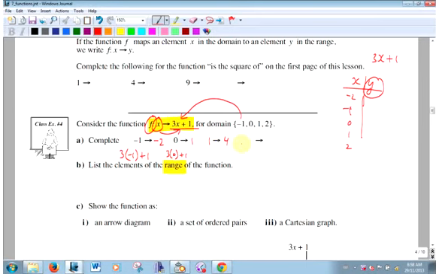If I input 1, I output 4. Let's go 2. 6 plus 1, I get 7. So what are the elements of the range? Those are my outputs. That's it. Minus 2, 1, 4, and 7.